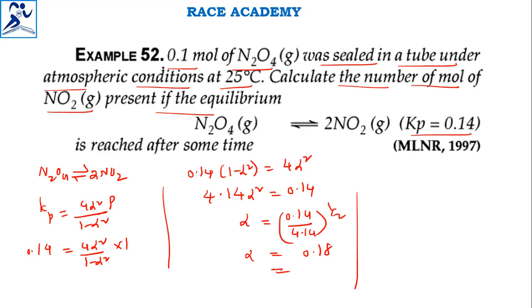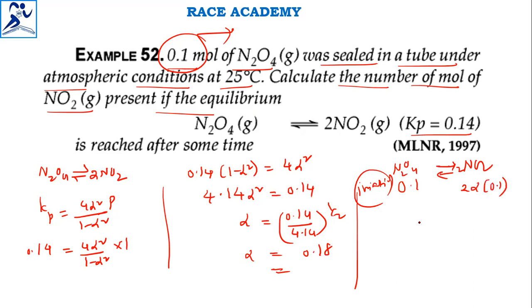But initially in the question they have given that 0.1 mole of N2O4 is taken. So what is the NO2 amount at that time? That is 2 alpha into 0.1.